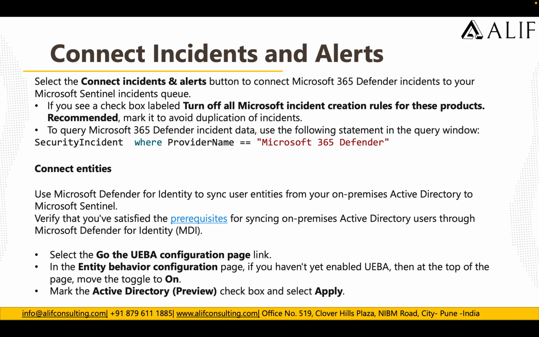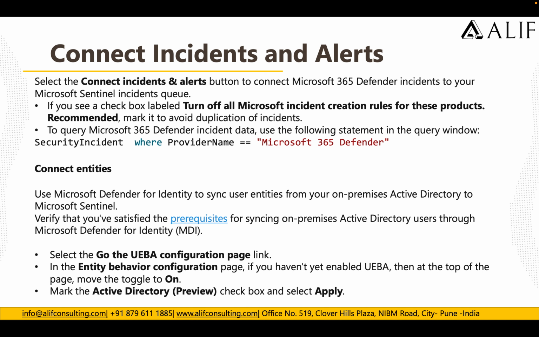Now another option we have is connect entities, which allows you to select what kind of entities you want to use, or what kind of Active Directory you want to use for Sentinel, right? So let's take an example. You have Azure AD, and you also have on-premises AD, right? And you want to protect both of them using Sentinel. You want to grab all security incidents and alerts into Sentinel. For that, what do you need to do, right? You need to onboard the tenant, right?